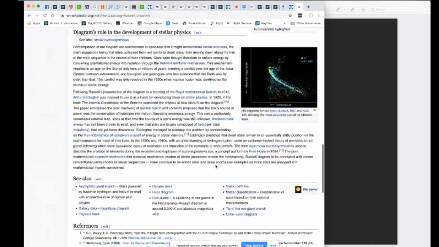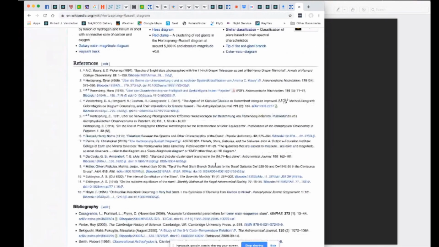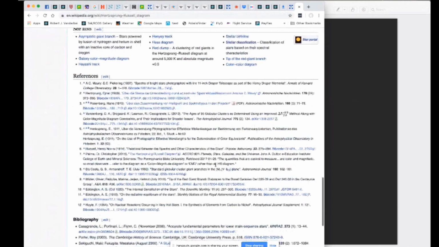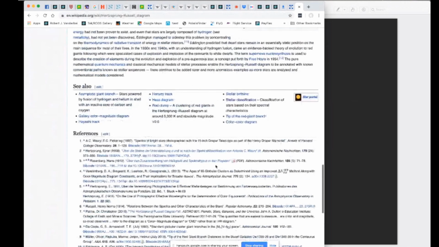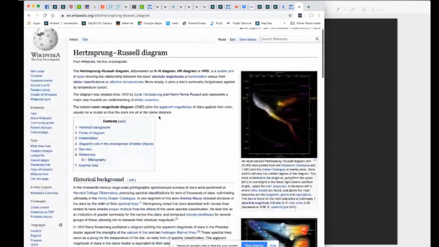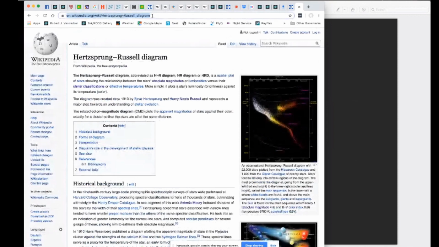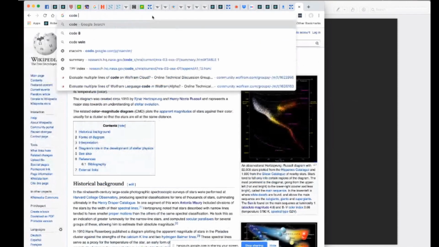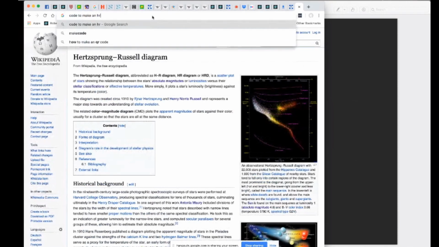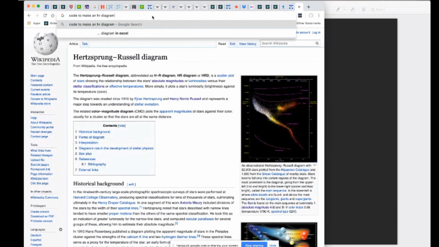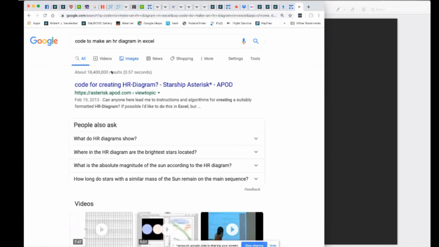And by the way, there's lots of history, and there's also some links here. Here's another thing I would do: code to make an HR diagram in Excel. How about that? There you go.